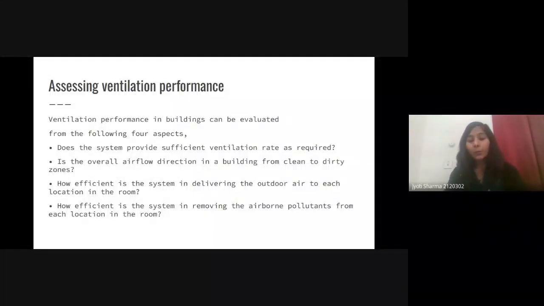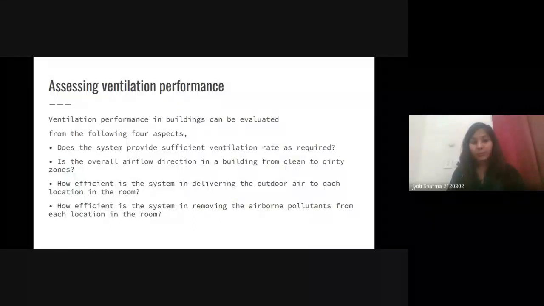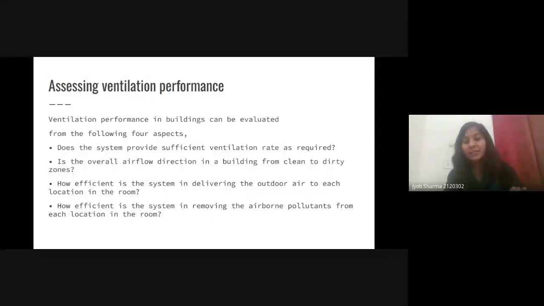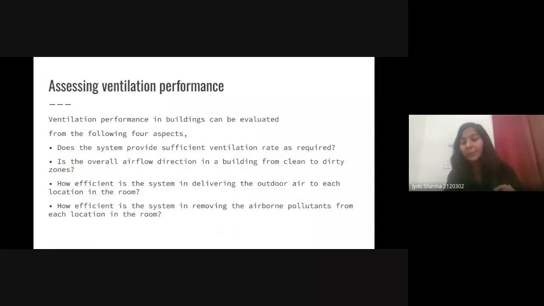Okay, so whenever you want to assess ventilation performance, whether your building has good performance or not, you have to ask yourself 4 questions. Does the system provide sufficient ventilation rate as required? Is the overall airflow direction in the building from clean to dirty zone?